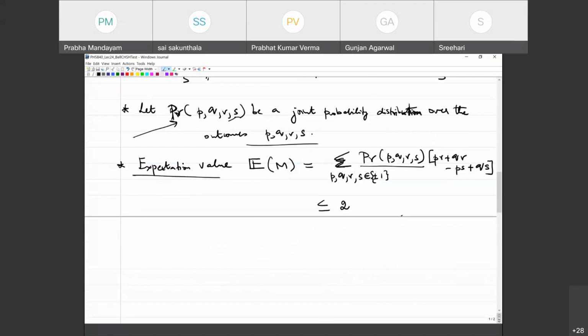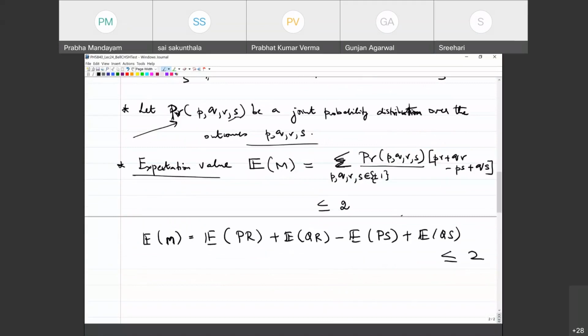So the left-hand side is nothing but expectation of M, which is nothing but expectation of PR plus expectation of QR minus expectation of PS plus expectation of QS, right? It should be less than or equal to 2. In fact, you can put a lower bound also.